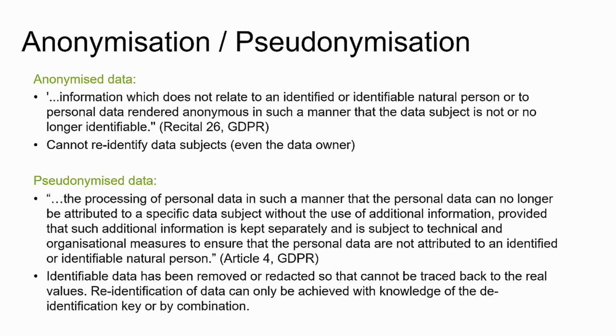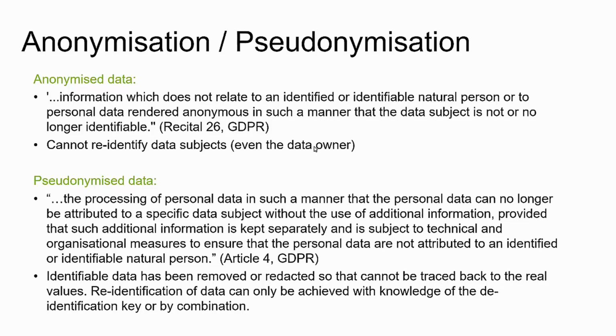And then we have pseudonymized data, and this is the processing of personal data in such a manner that the personal data can no longer be attributed to a specific data subject without the use of additional information, provided that such additional information is kept separately and is subject to technical and organizational measures to ensure that the personal data are not attributed to an identified or identifiable natural person, right?